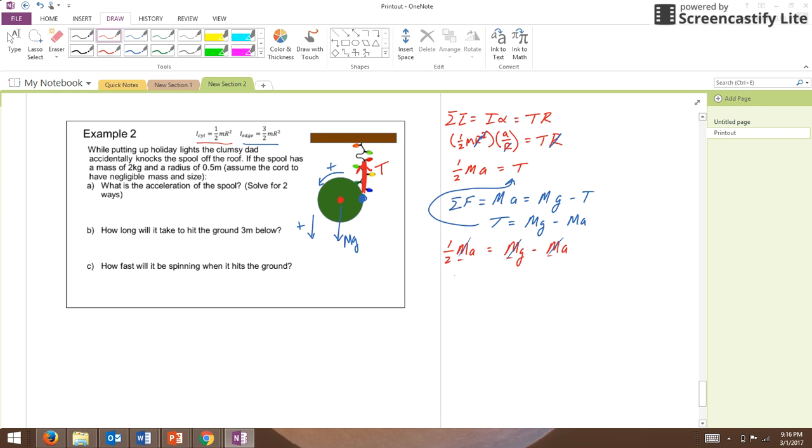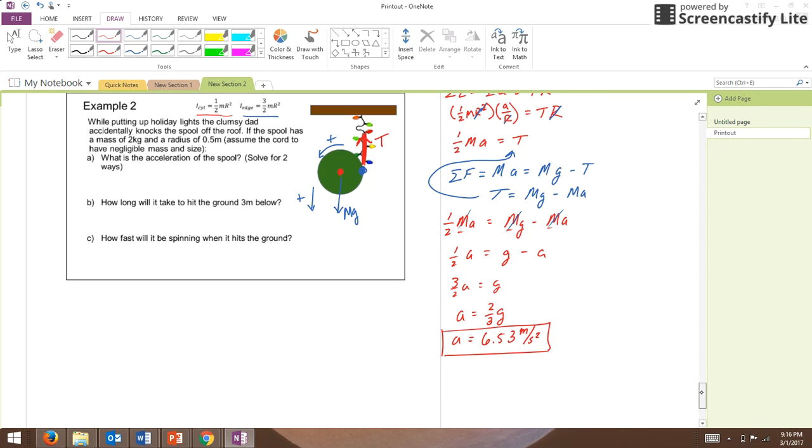So we have 1/2 a equals g minus a. That's going to give us 3/2 a is equal to g. So a is equal to 2/3 g, so a is equal to 6.53. That's the first way to solve that.